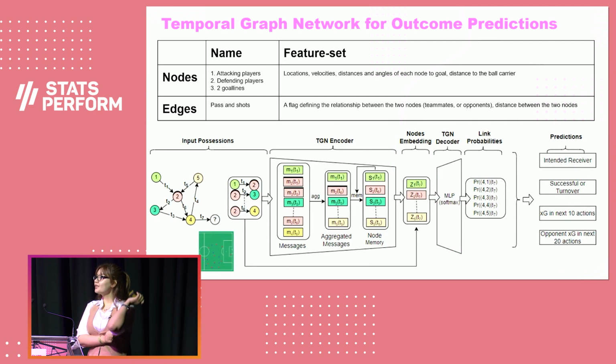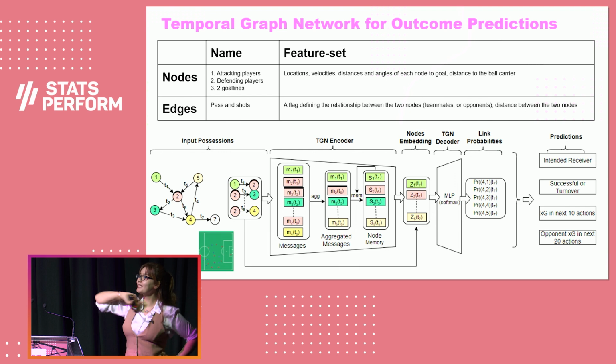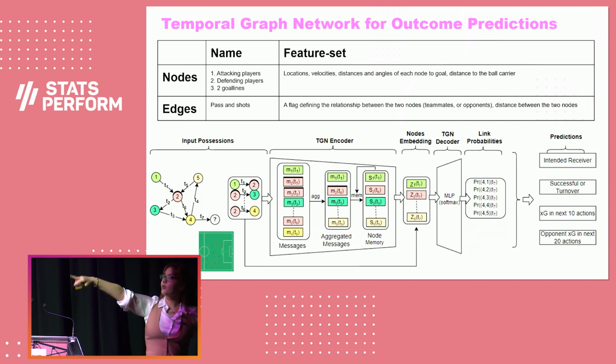The way it works is not very complicated, actually. On the left side, you can see the input position, which are some time-step interactions between players. Node A1, for example, is player 1. In time-step T1 it is sending the ball to player 2, then player 2 to 3, 3 to 4, 4 to 5, 5 again to 2, 2 to 4.